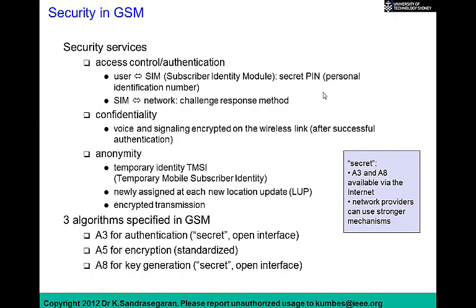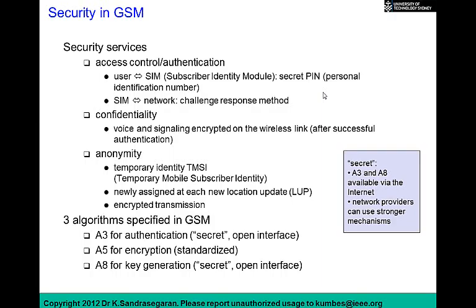In terms of algorithms, there are three important algorithms from the point of view of security. We have something called an A3 algorithm, which is a well-defined algorithm, and this algorithm is kept both in the authentication center as well as in the handset, more specifically in the SIM card.